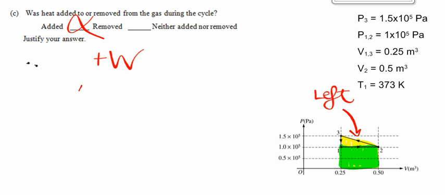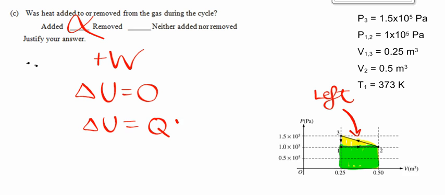If this is a reversible cycle, that means the change in internal energy has to be zero. Our first law equation says it's Q minus W. In order for this to work out, heat has to be removed from the system to keep that absolutely zero, because we're doing positive work here.